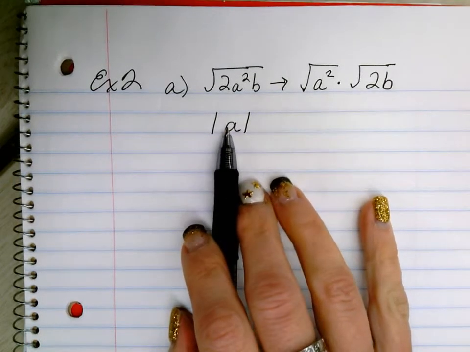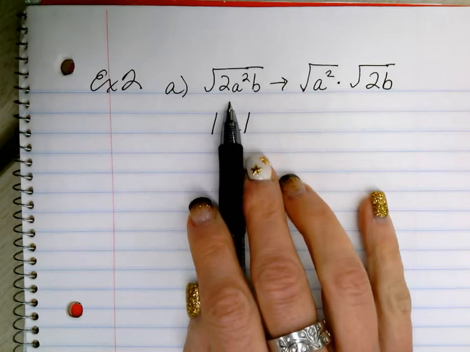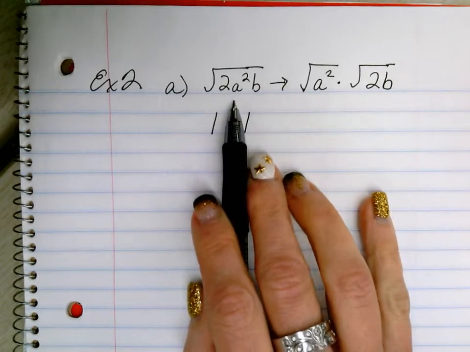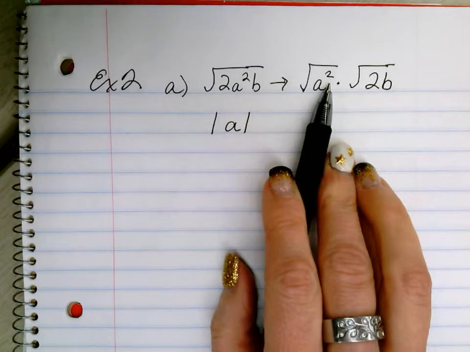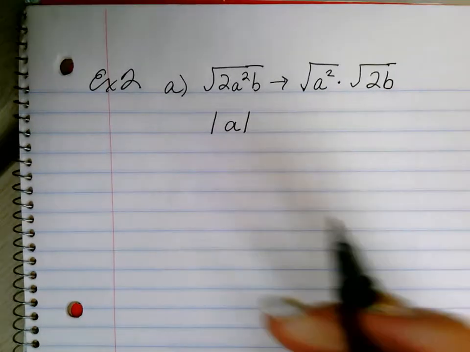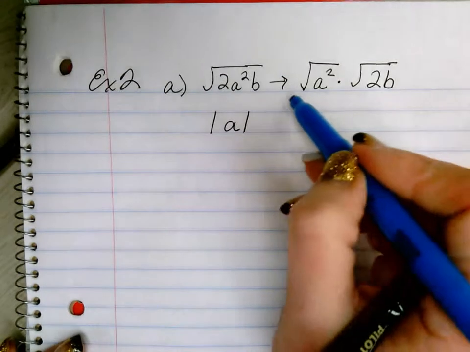So even if A is a negative number, the absolute value is positive, and that is required because when you square something, the end result is always positive. So that's why I have this like this.